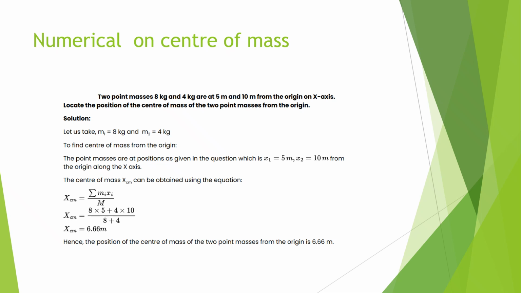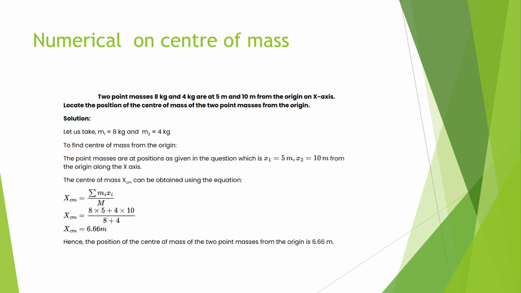Now let us take a simple problem to find the center of mass of a two particle system. You have two point masses, 8 kg and 4 kg, which are 5 meters and 10 meters from the origin on the x-axis.